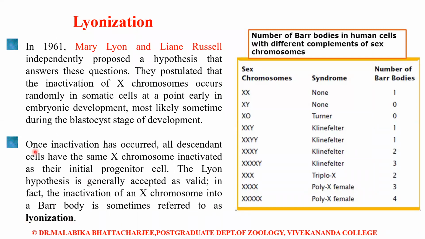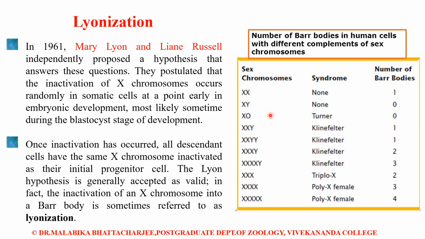Another thing, as I said, once inactivation has occurred, all the descendant cells have the same X chromosome inactivated as their initial progenitor cells. I showed you that picture. Once a choice has been made that the maternal X is inactivated, this choice stays through all the descendants.